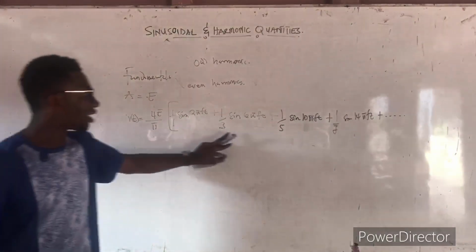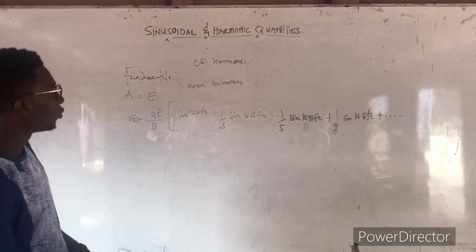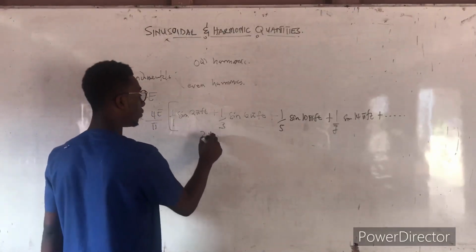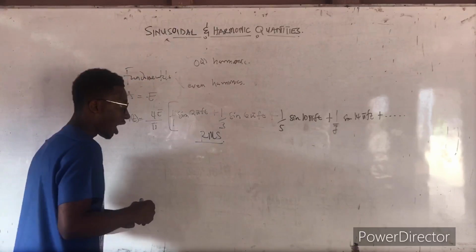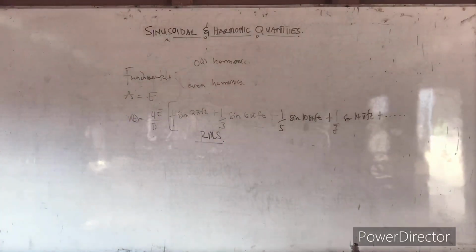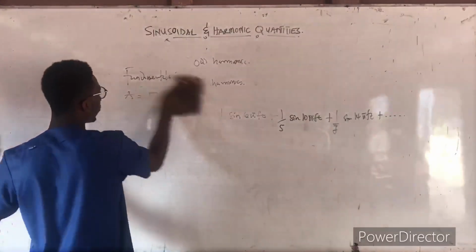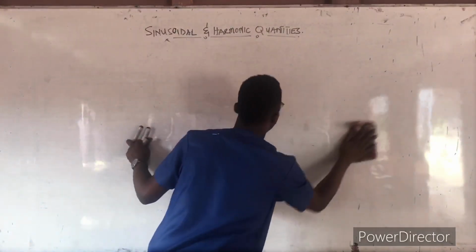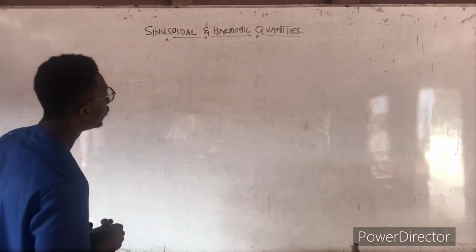Now, if you have a harmonic quantity of this nature, how will you find your root mean square value? This is what you first do.